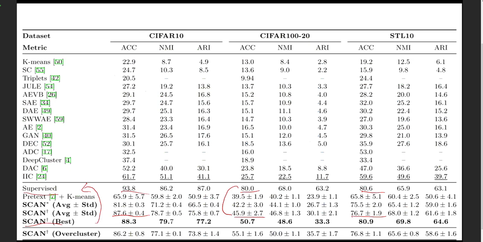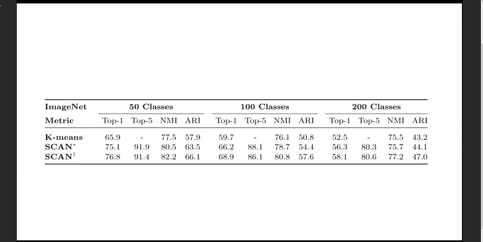But SCAN without any labels is better than k-means. The learnable softmax function is better than k-means. They also tried on ImageNet with 200 classes.